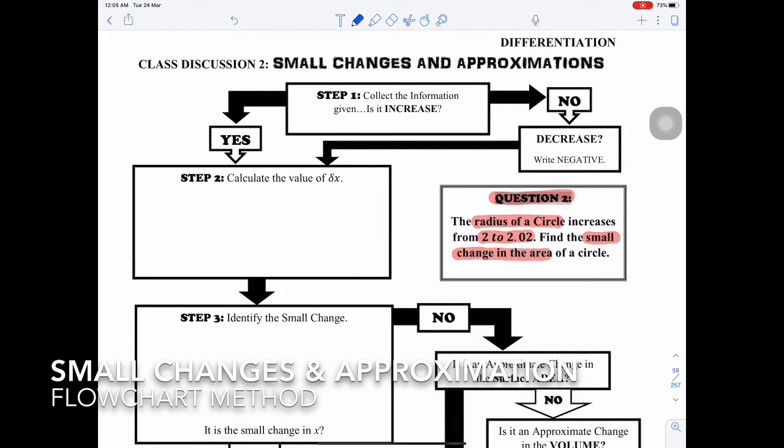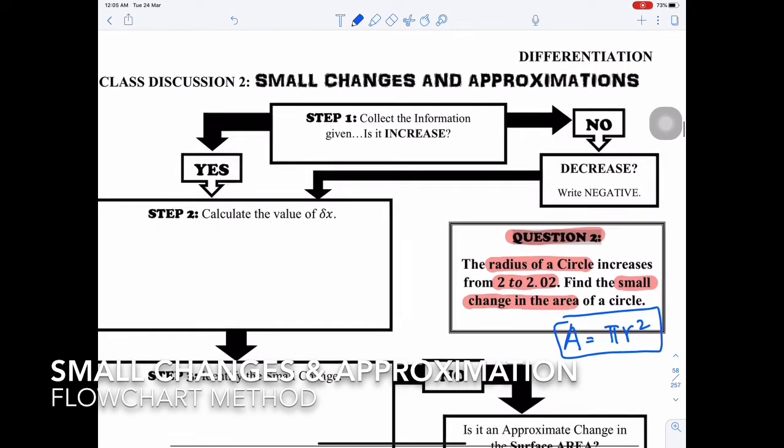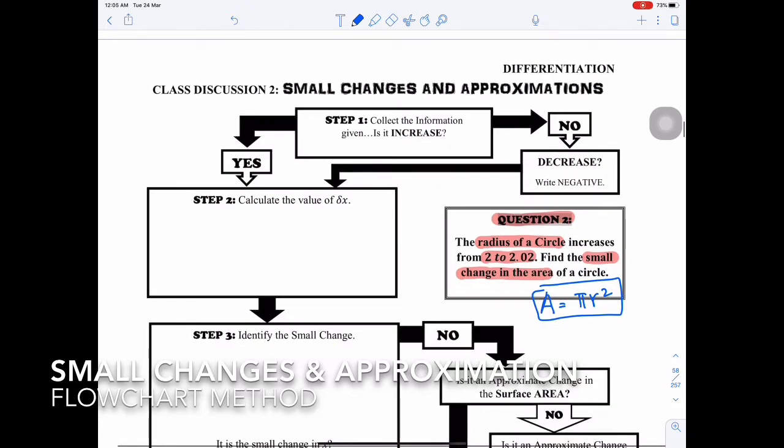So we take note that the formula for the area of a circle equals pi r squared. Remember this one. As usual, collect the information. Is it increase? Increase, yes.